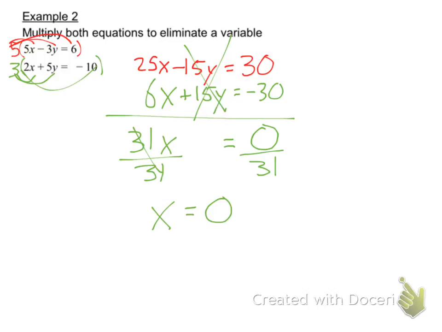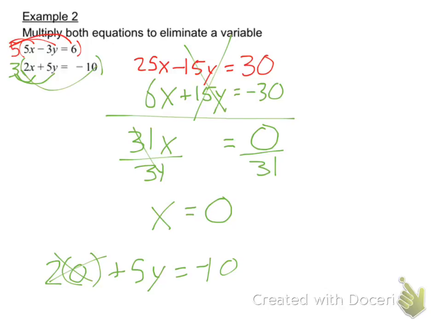Which one looks the easiest to you? Bottom one? Okay. 2 times 0, notice I'm using parentheses, plus 5 times y equals negative 10. 2 times 0 is just gone. So that leaves me with 5y equals negative 10.